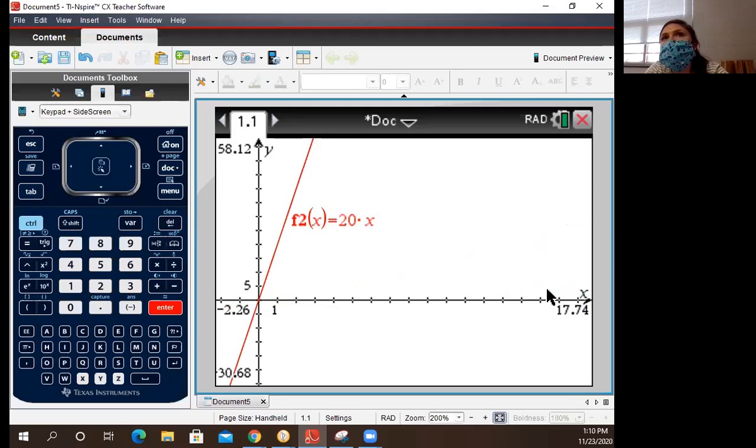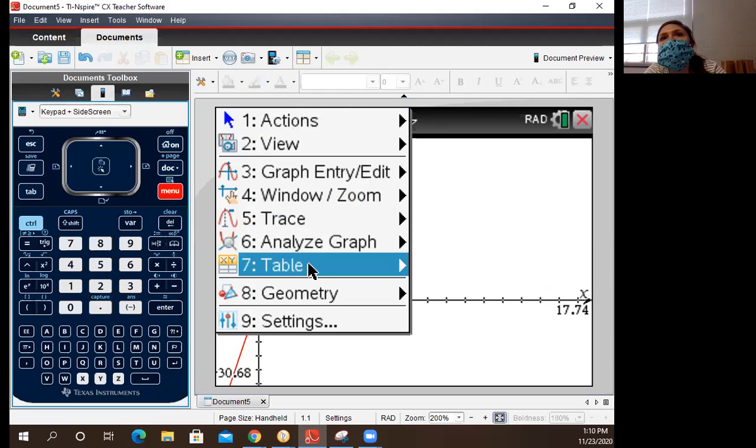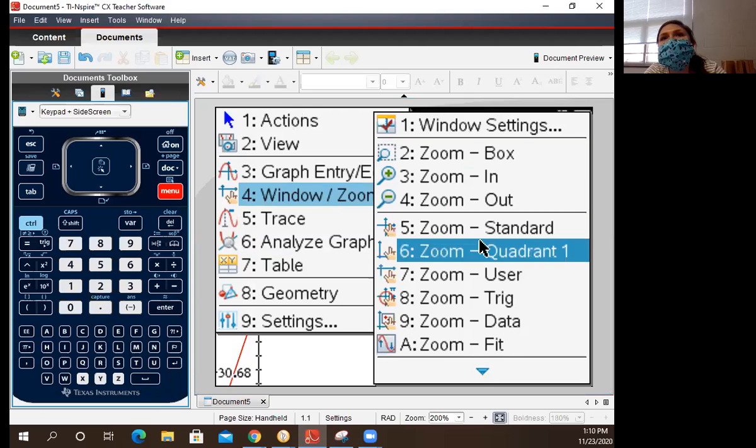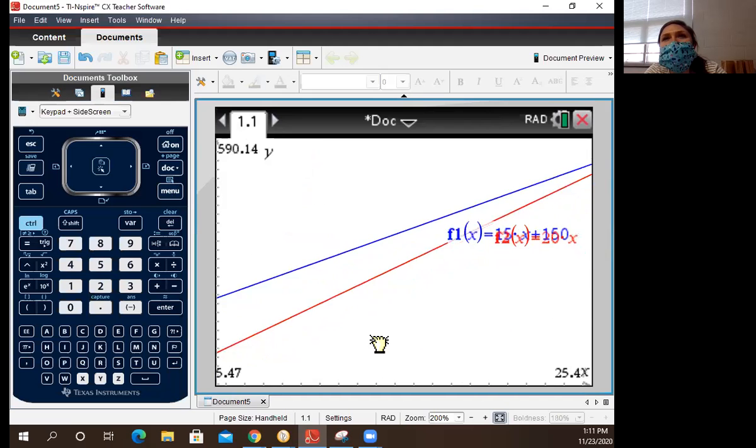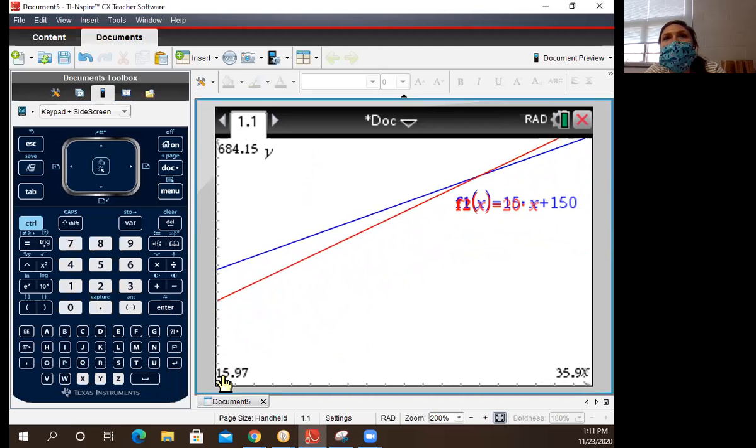I can't see the blue line anymore. So again, I'm going to need to adjust my zoom: menu, window zoom, and I'm going to do zoom fit again. And now I can see that I should have an intersection out here somewhere. So you could zoom out, or it seems to me like it should be pretty close. So I'm going to drag my graph until I can see that intersection.